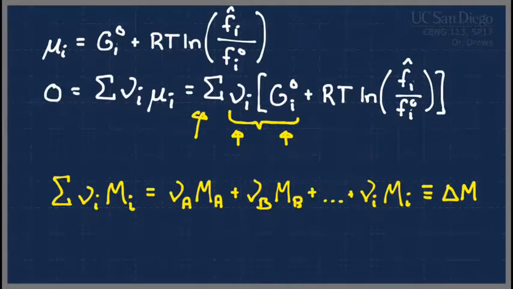So when I have this expression as the stoichiometric coefficient mu sub I times G sub I circle, I can replace that with a delta G circle, and that's what I'm going to do. Let me change that color just so you can see this. This particular term here is going to get replaced with a delta G circle.